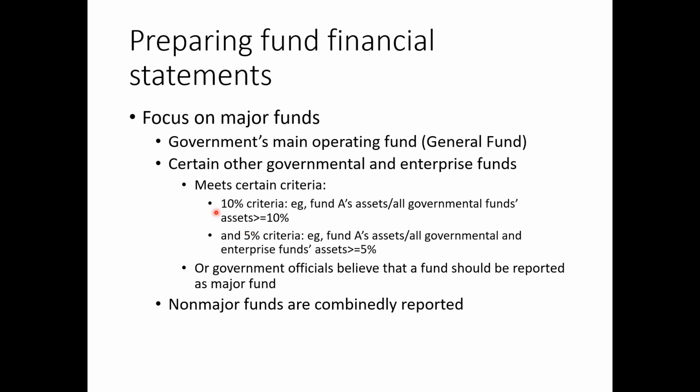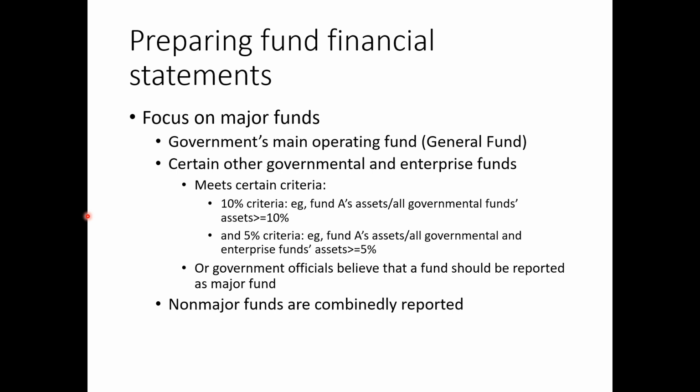So what is the criteria? Actually, there are two steps. I call this the 10% criteria. First, this fund A's assets divided by all governmental funds' assets will be equal to or greater than 10%. Or this fund A's revenues divided by all governmental revenues will be equal to or greater than 10%.